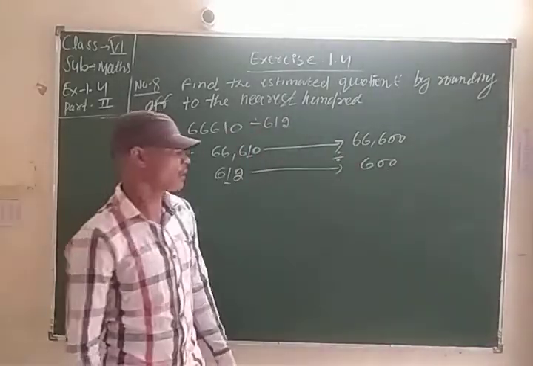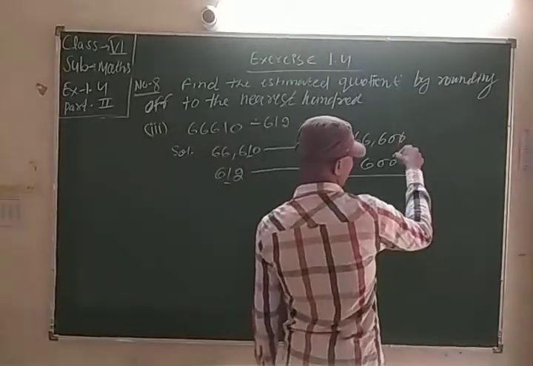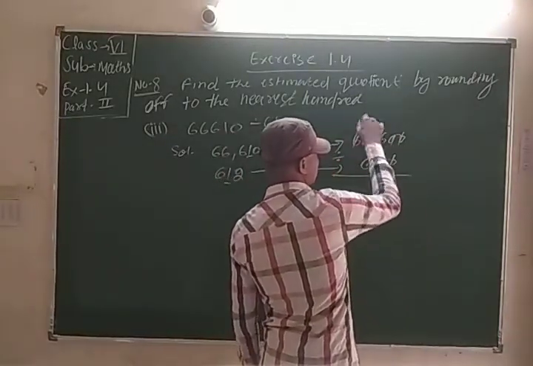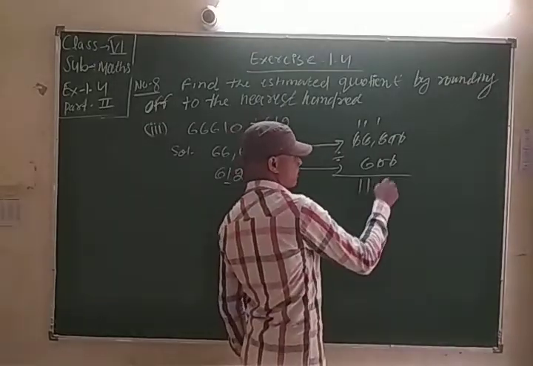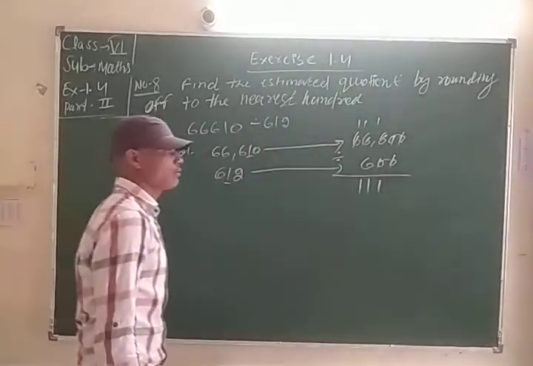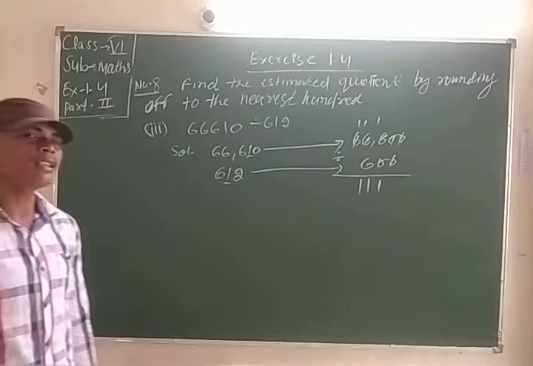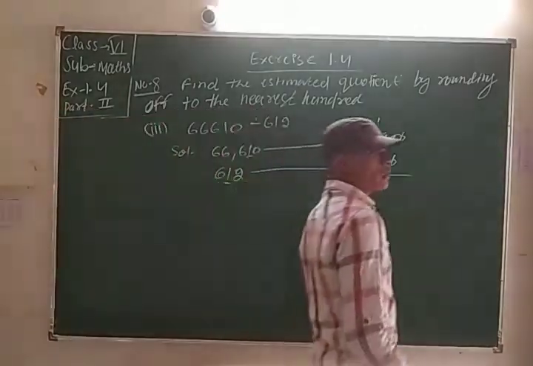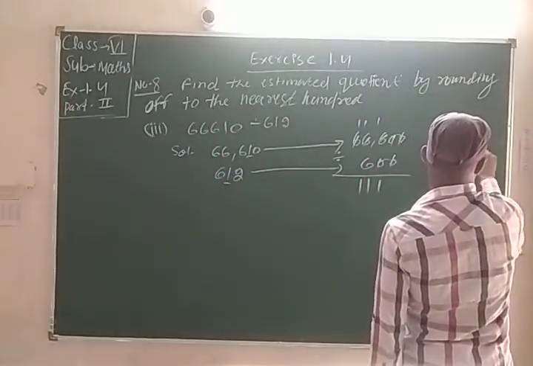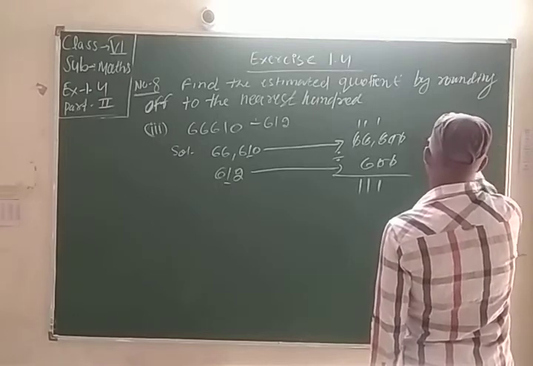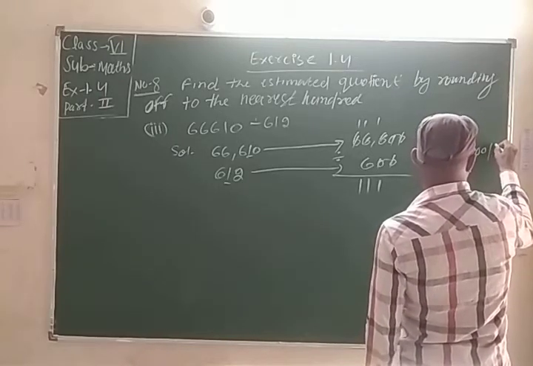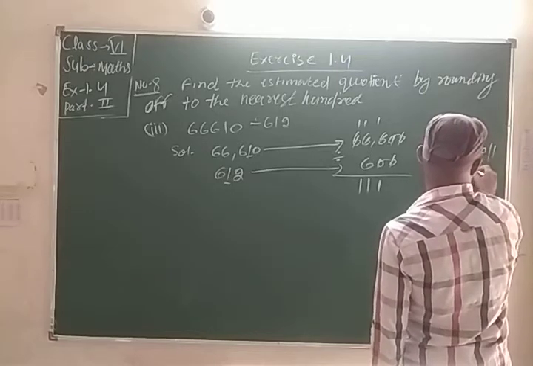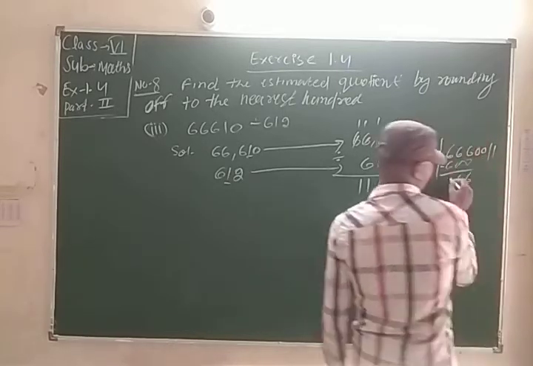Here the 0s cancel. 6 ones are 6, 6 ones are 6, 6 ones are 6. That means 111 is the estimated quotient. Also, if you have doubts, use the division method and find the answer like this. 600 ones are 600, 66 cancel.